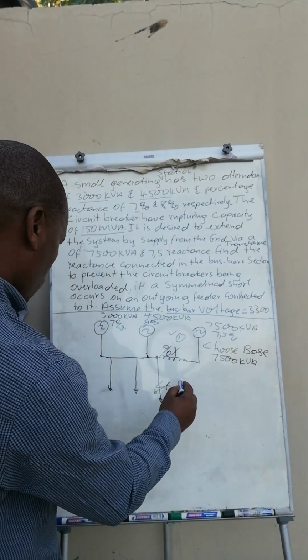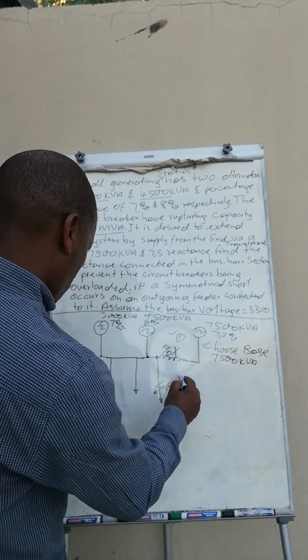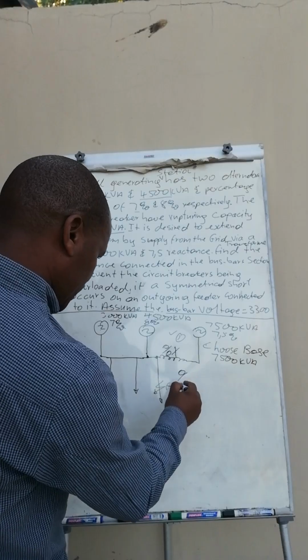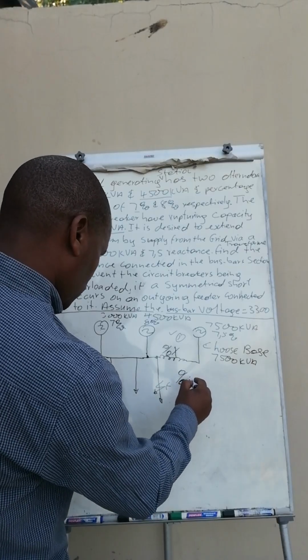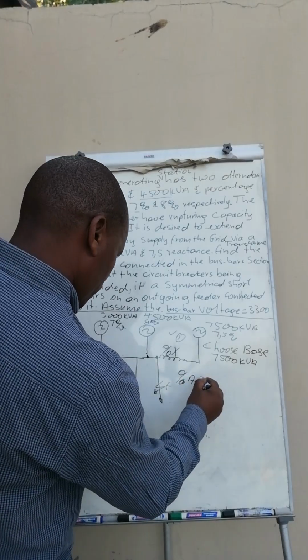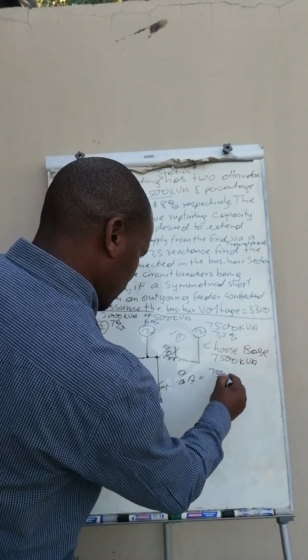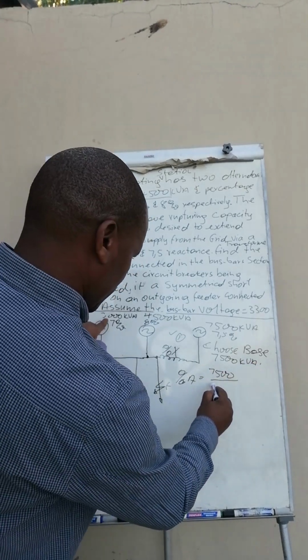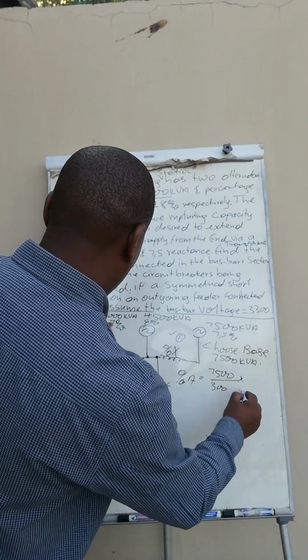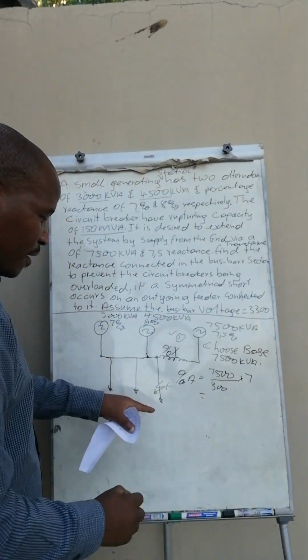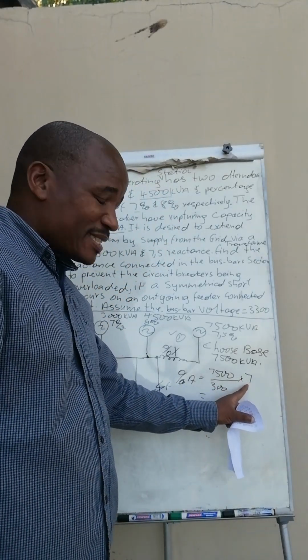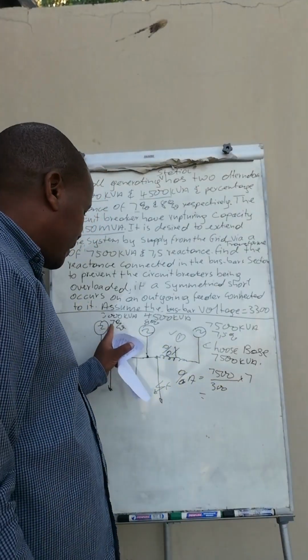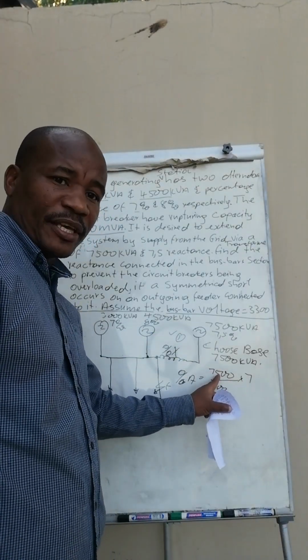We have percentage reactance X_A, this one is equal to 7,500 divided by the rating, multiplied by 7. Why? We convert the percentage reactance of different equipment to the same base value.